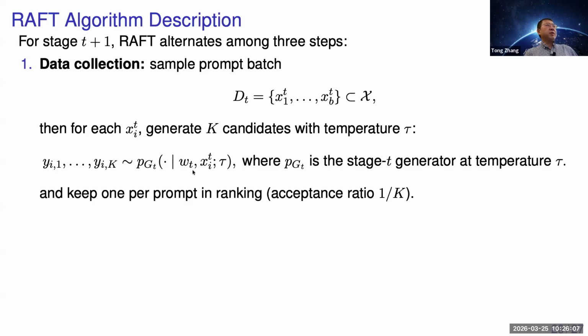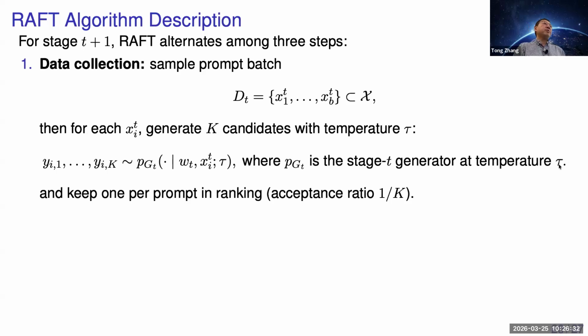Maybe I will redo this slide so that we don't have a change of terminology. In our terminology, it should be A1 up to AK, generated by the generative model at stage t at temperature tau.